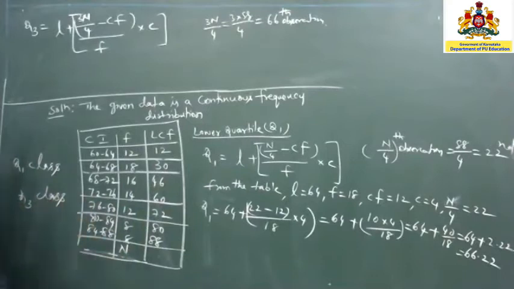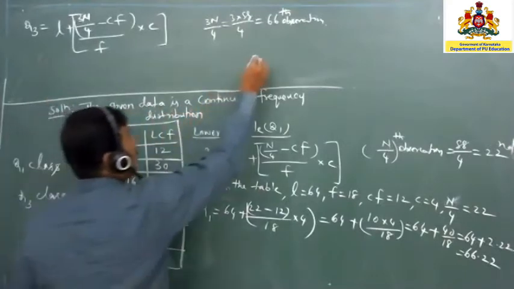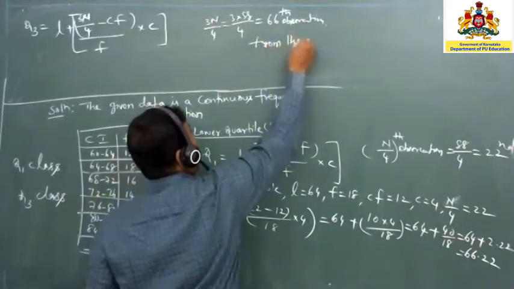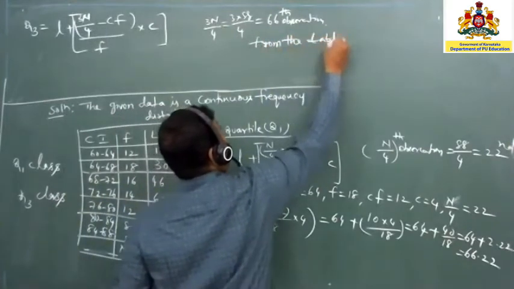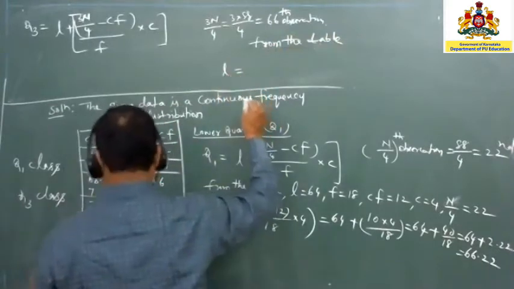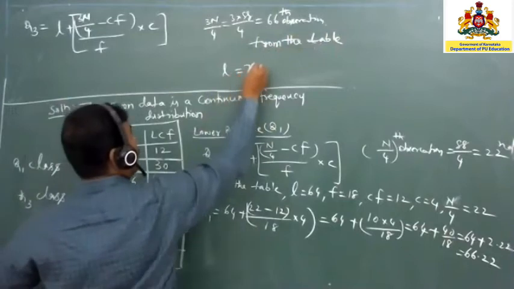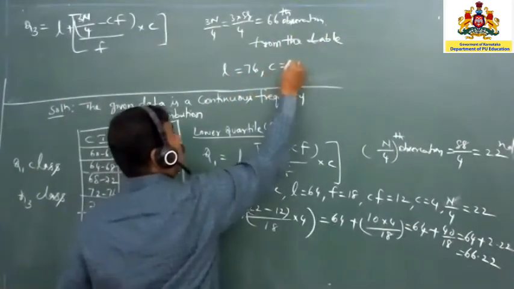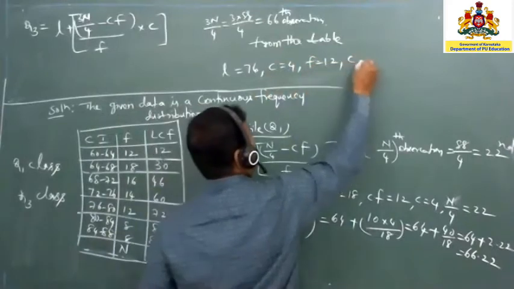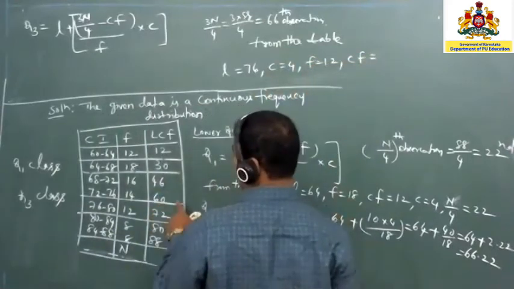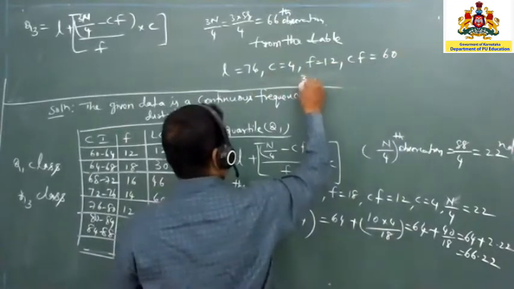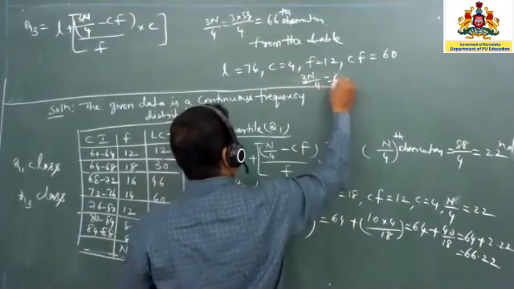Once you have identified the Q3 class, from the table L, the lower limit of the Q3 class, is 76. Then C equals 4, frequency F equals 12, CF equals the previous class LCF, 60. Then 3N by 4 is already found, 66.